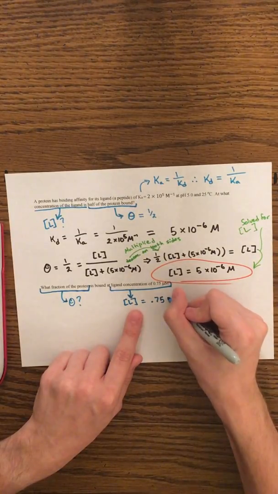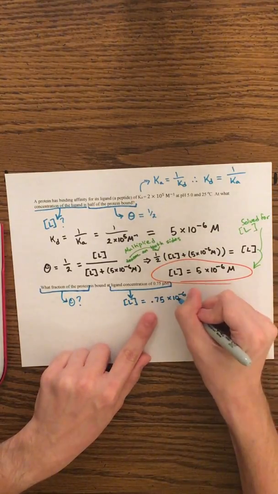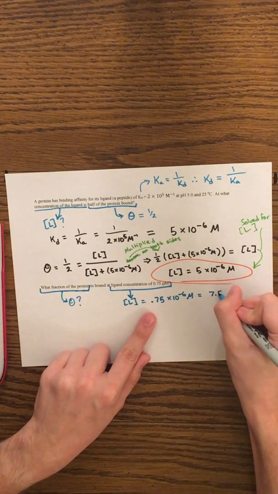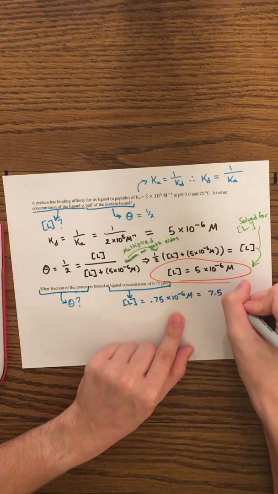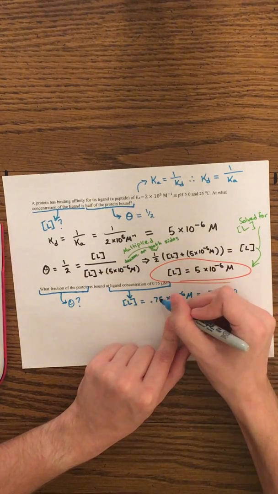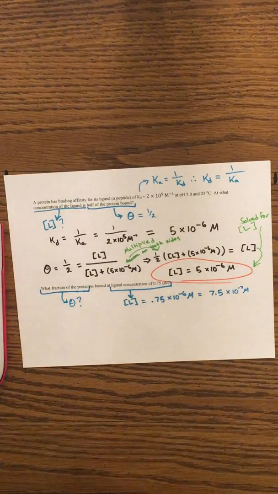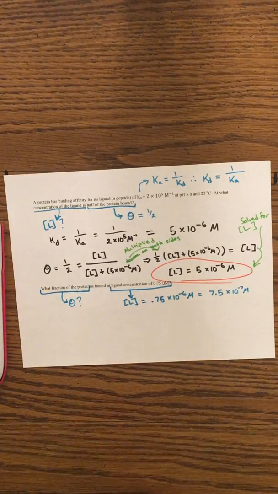So we have 0.75 times 10 to the negative 6 molar. 10 to the negative 6 molar is micro. And then putting that into scientific notation, that is 7.5 times 10 to the negative 7. Okay.